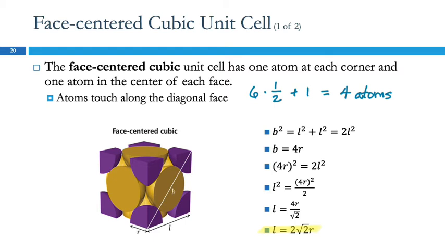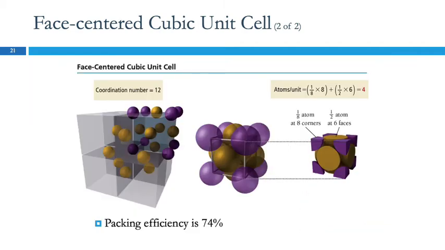So it might be better to write it as 2R times the square root of 2. Coordination number here is higher, it's 12. Packing efficiency is higher also, 74%.